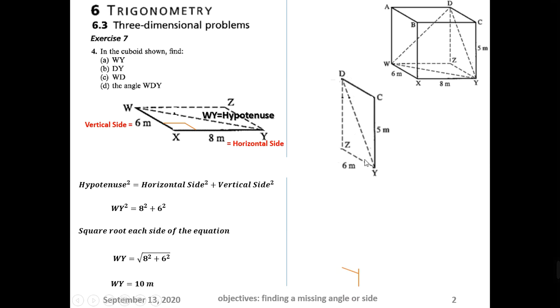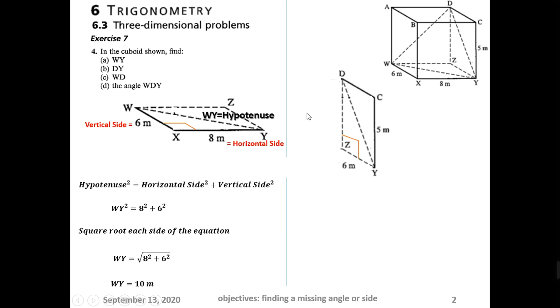And if you go to DZY or YZD, this is a right angle triangle, as you can see. If YZ is 6, then ZD, which is parallel to CY, is actually equal to 5 meters. So again, the horizontal and the vertical sides are known and the hypotenuse is unknown.